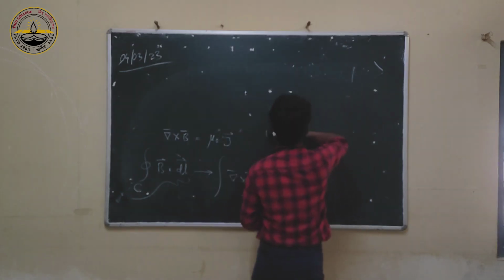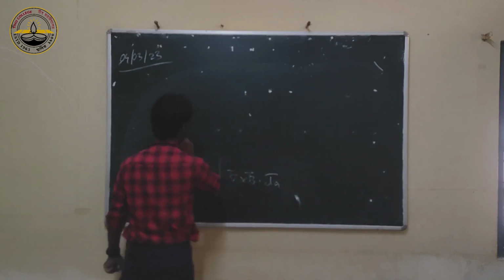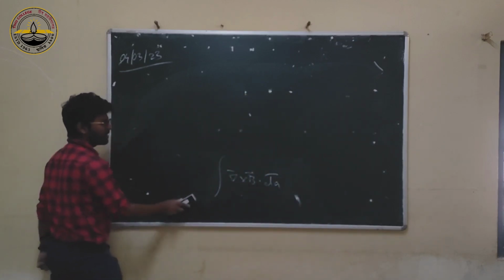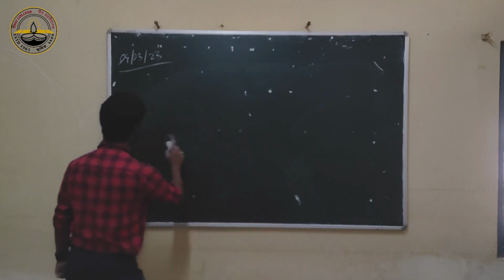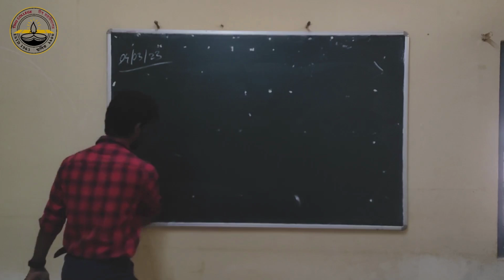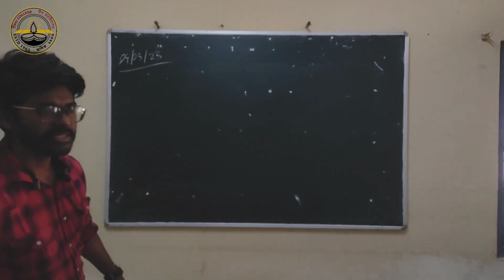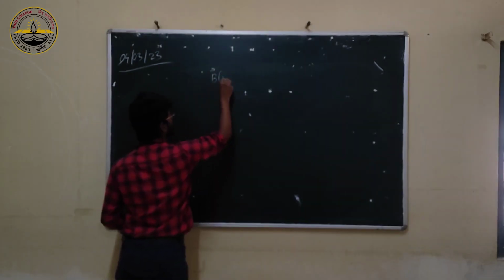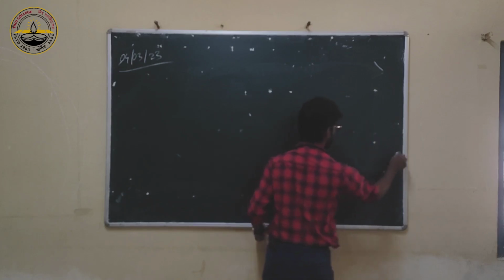But this derivation was a special case with infinite wires, infinitely long steady currents, not a general derivation for steady currents. In general, let's take a volume.